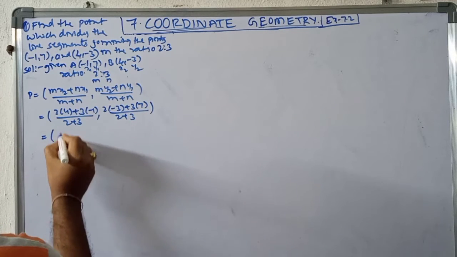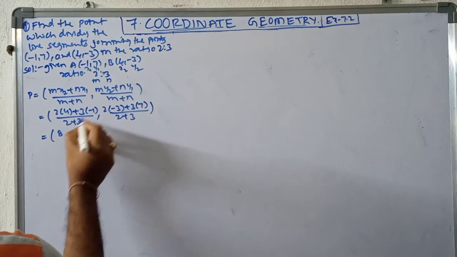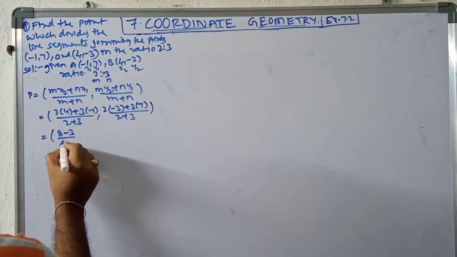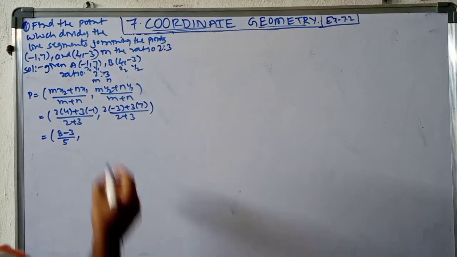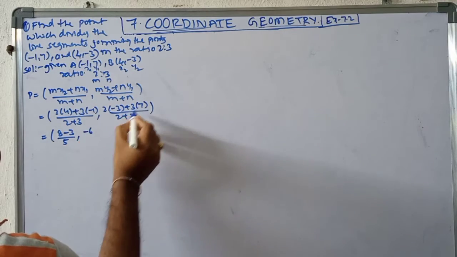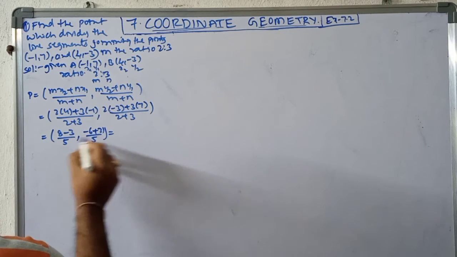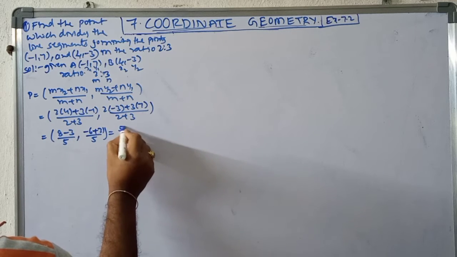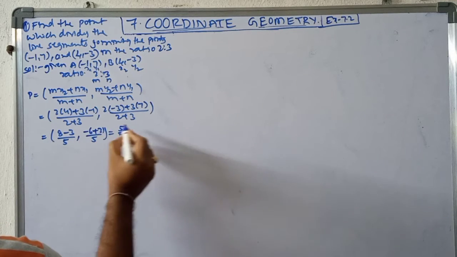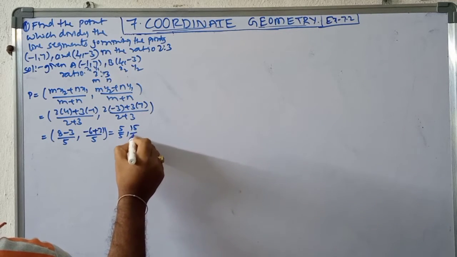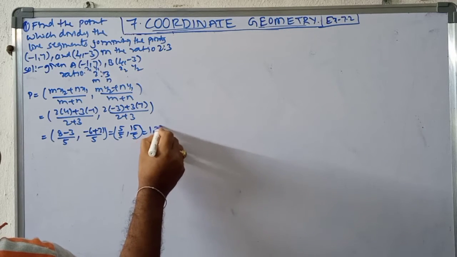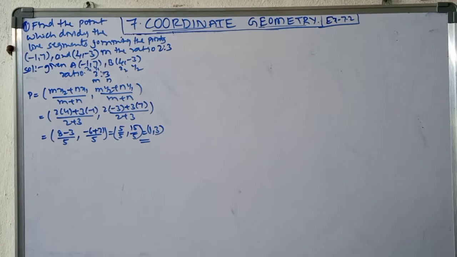So this is equal to (8 minus 3)/5, comma, (-6 plus 21)/5. So 5 by 5 is 1, and 15 by 5 is 3. So the point is (1, 3). This is the solution.